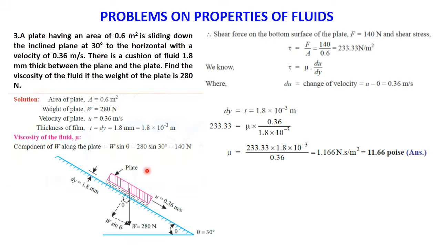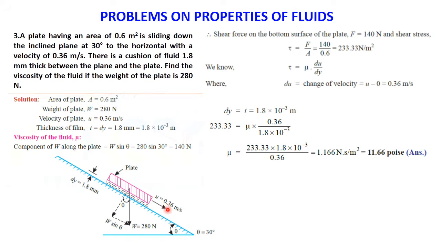So you can see here in the question, a plate having an area of 0.6 meter square. So this 0.6 meter square is the area of this plate, which is sliding down the inclined plane at 30 degree to the horizontal. That means the plate will be going downward due to the gravitational force only, and the angle at which it is going downwards is theta equal to 30 degree, with a velocity of 0.36 meters per second.